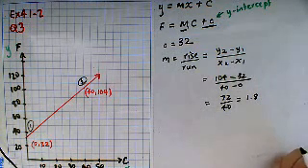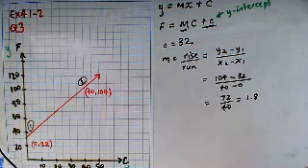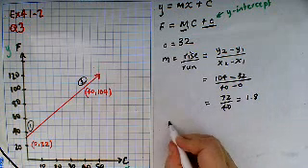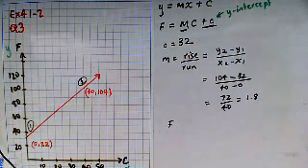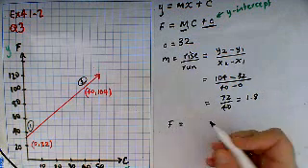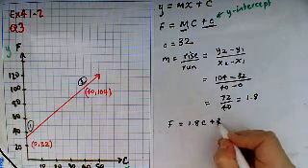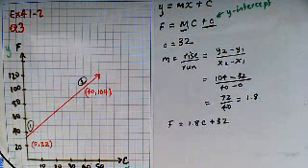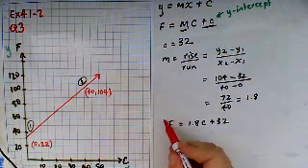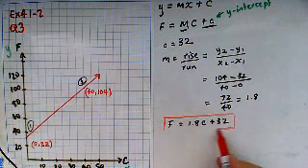So we can now easily write the equation of F in terms of F and C. F is going to equal 1.8C plus 32. So that is the answer to part A.